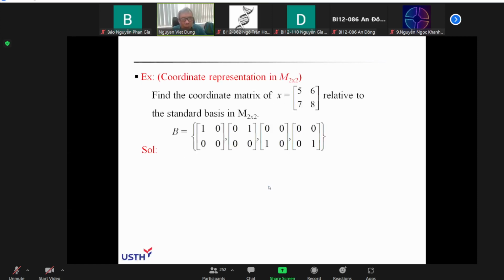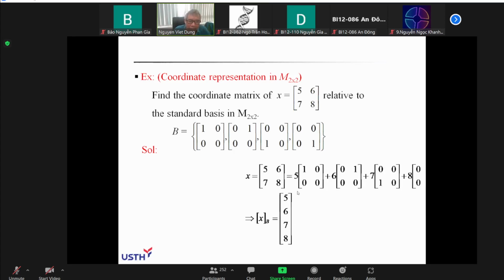And the next one is the case for the space of matrices. The matrix has a standard basis consisting of 4 matrices like that. Now we have a matrix X like that one, and we need to find the coordinate of X relative to the standard basis.